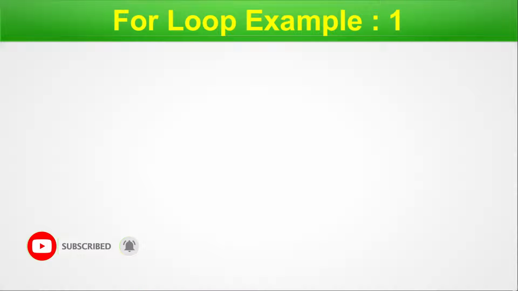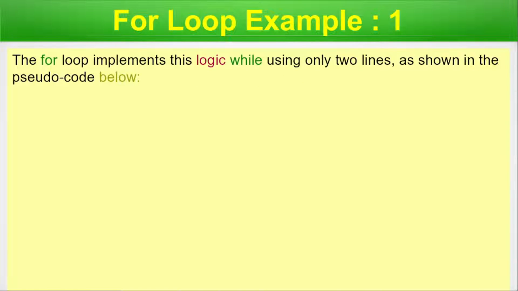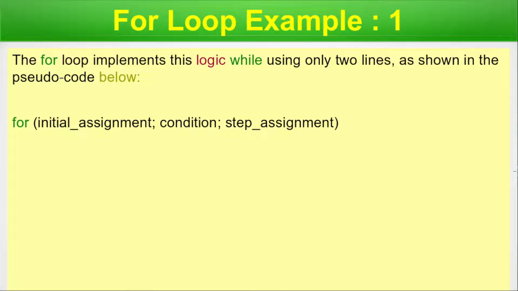For loop example 1. So here we will go through the example. First, the for loop implements the logic with only 2 lines as shown in the pseudocode below. So this is kind of a structural example, not the code example. This is the syntax: initial assignment here, then the condition, and then the step assignment, whether this step is increasing or going down.